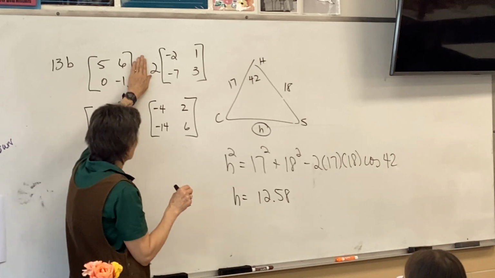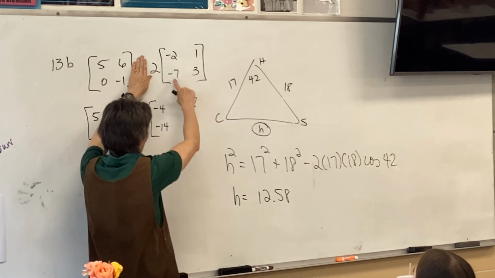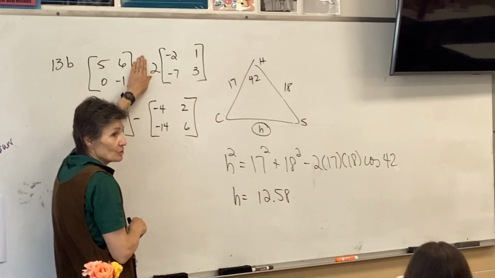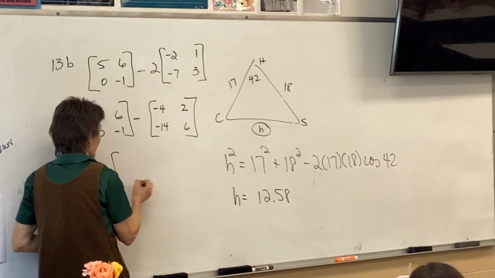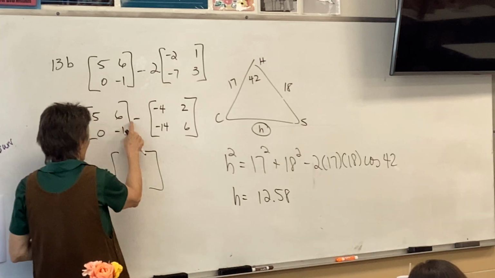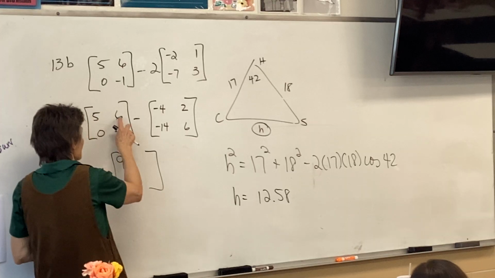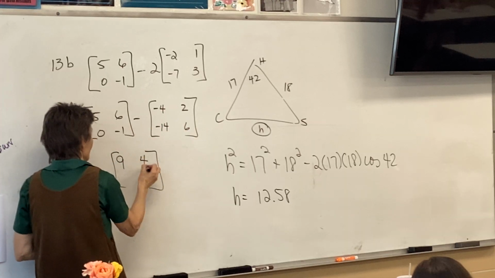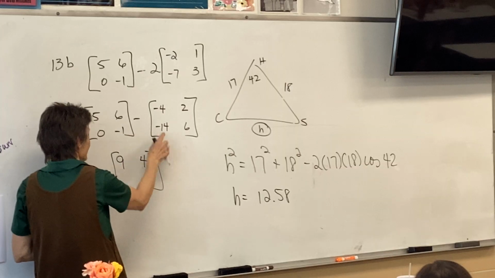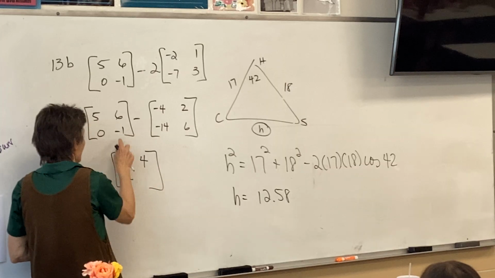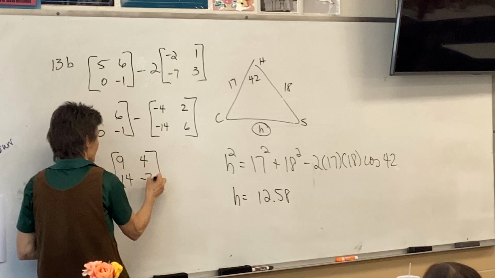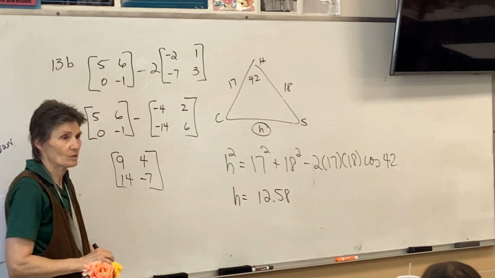So I'm just going to leave it a subtraction. I'm multiplying everything by 2, and now I'll subtract. So 5 minus negative 4 is 9. 6 minus 2, 0 minus negative 14, and negative 1 minus 6. And there's the answer to the question.